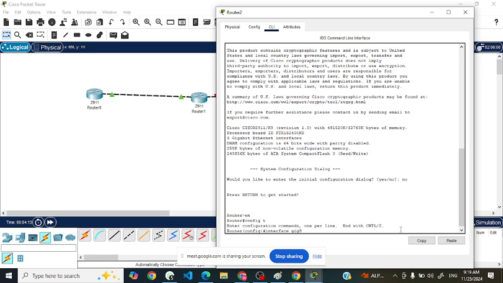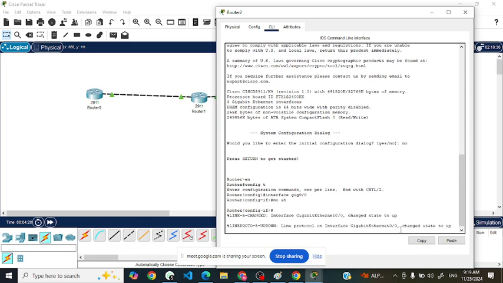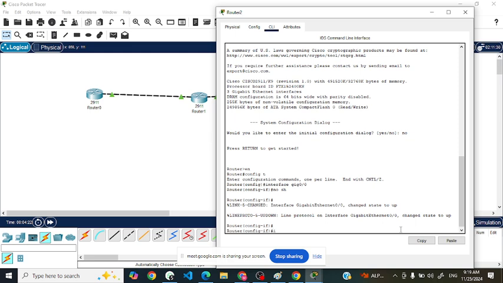Venkat, tell me the configuration. What is the next command? No shutdown. And here, IP address 11.0.0.2 255.255.255.252.